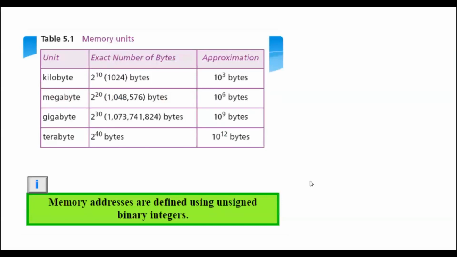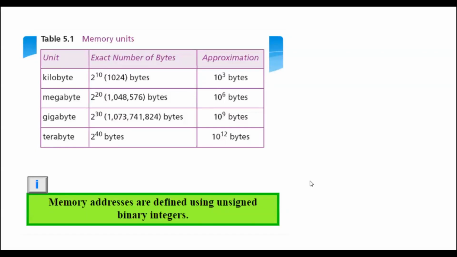The memory units: we have kilobyte, megabyte, gigabyte, and terabyte. In a kilobyte, the exact number of bytes is 1024 bytes. In a megabyte, you have 2 raised to 20, which is about a million bytes.